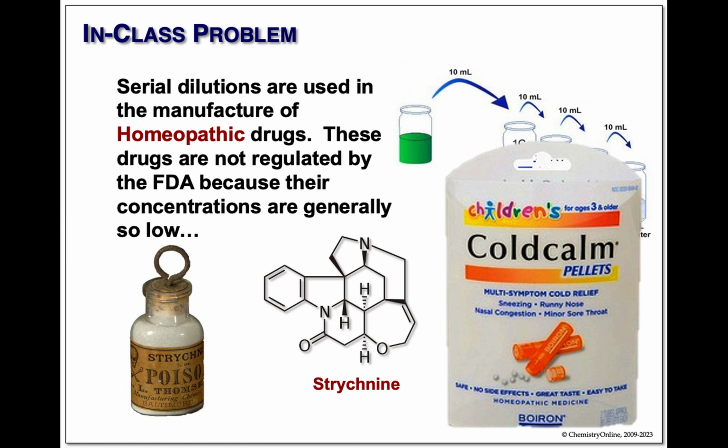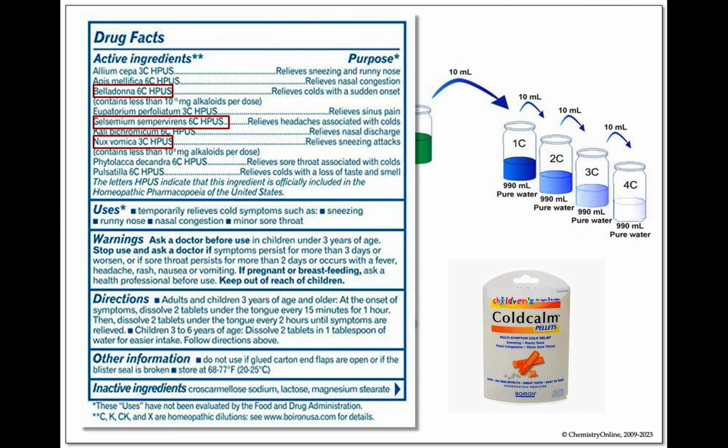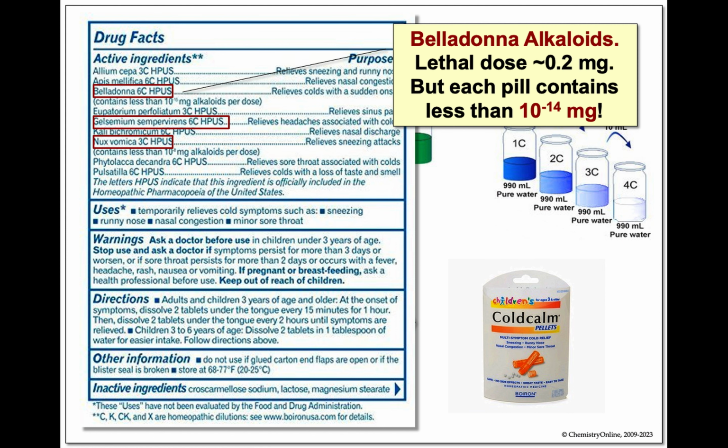Well, but it's homeopathic. That means, here are our active ingredients, and these three are the real winners. Belladonna alkaloids: 0.2 milligrams will kill you. But in a tablet, there's 10 to the minus 14 milligrams.